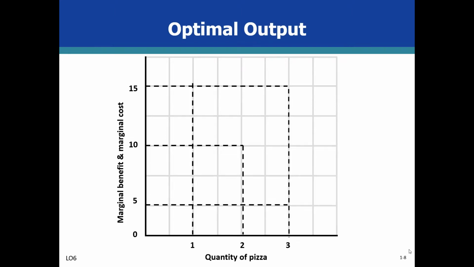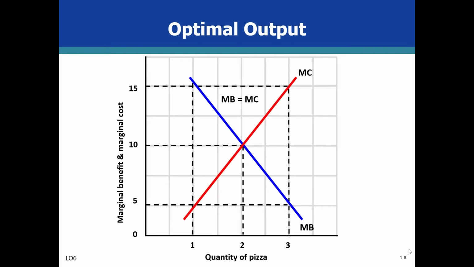How can this be explained in another way? Looking at marginal cost, the curve labeled MC on the graph is upward sloping. It is upward sloping because marginal cost and complexity increase as we increase the quantity of pizzas that we make.